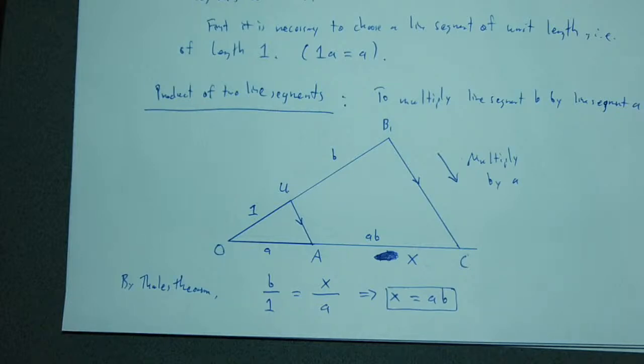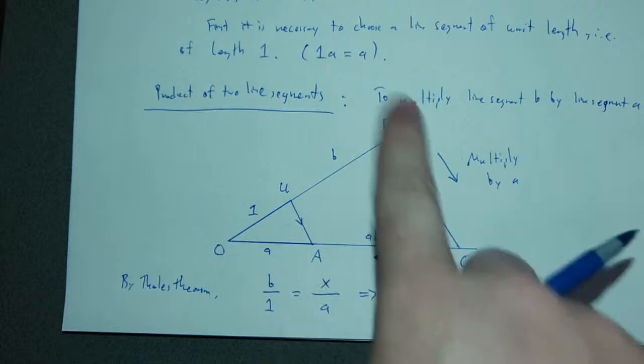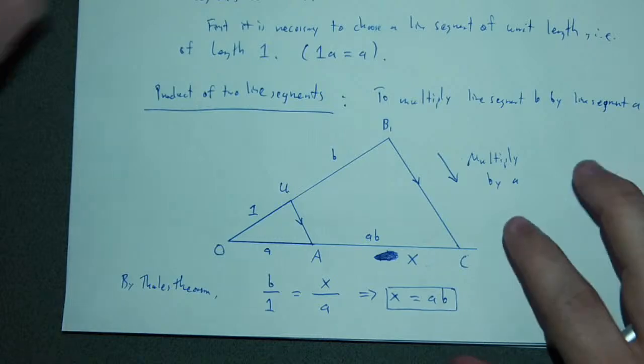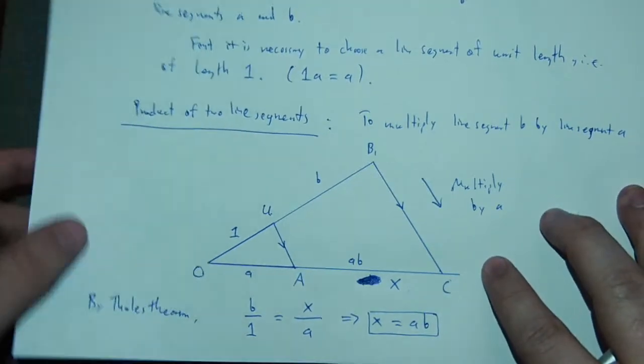All right. So Thales' theorem is the reason why in this construction this segment ends up being A times B. And so geometrically, the symbol that I'm using for A times B is this line segment. I know it seems a little strange because you're like, why do I have to worry about defining A times B?